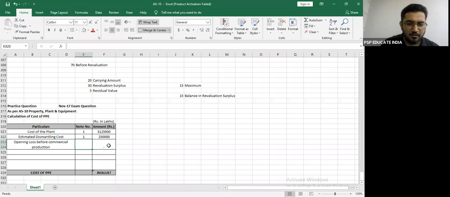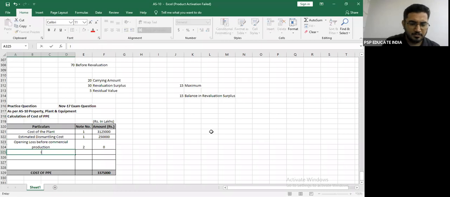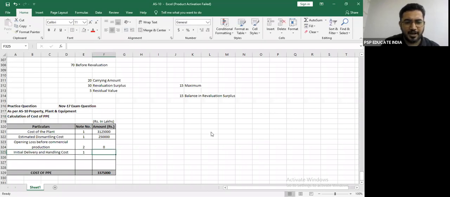It will be nil. We will explain that at working note 2. Then you have initial delivery and handling cost, that of course will be added. So 1,85,000. Initial delivery and handling cost, 1,85,000.